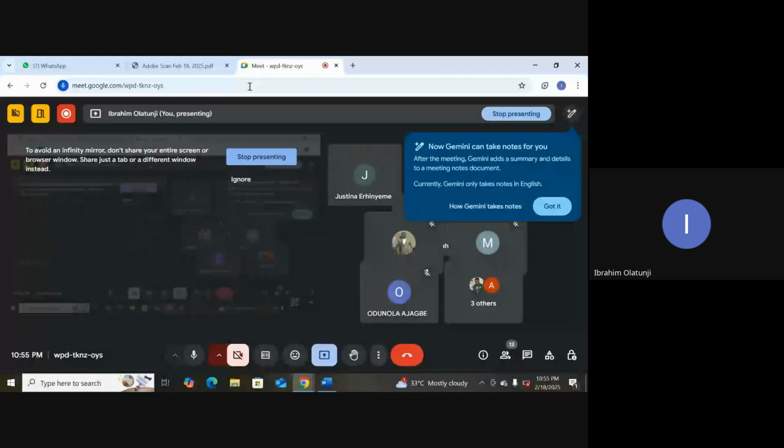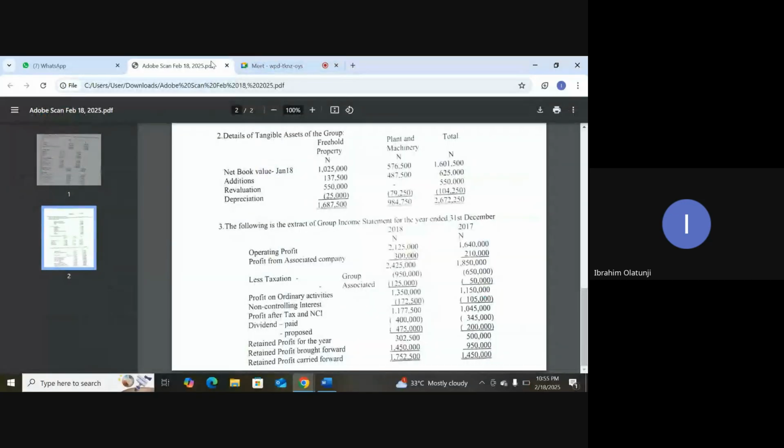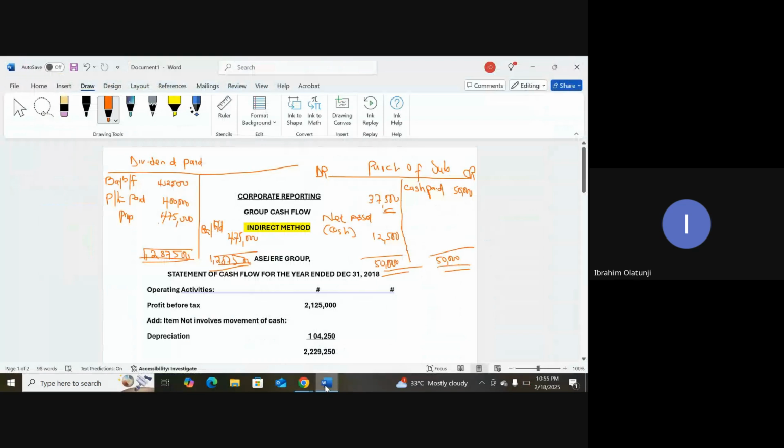Okay, IB has joined though. Hello, you can see my laptop died, so let's just rush it and hope you can see my screen. So the total you say 1,287,500. So what's the balancing figure? 812,500.